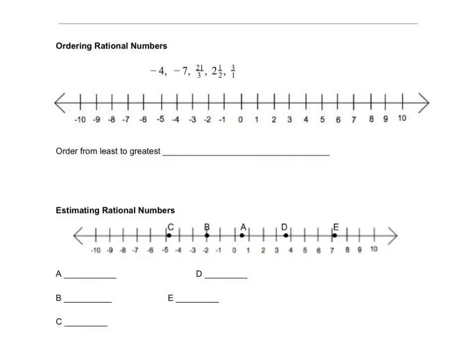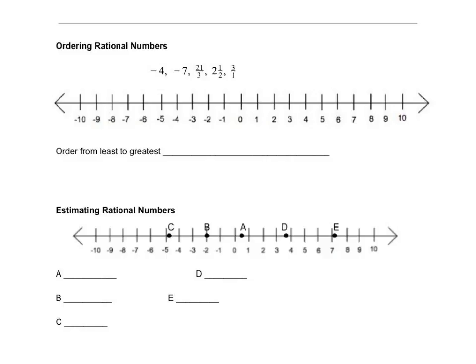Remember that rational numbers are anything that can be written in fraction form. So that's why it's okay that we have both just kind of those integer looking numbers as well as mixed numbers as well as improper fractions. So the first thing that you want to do is to check and see if you can simplify any of those numbers.